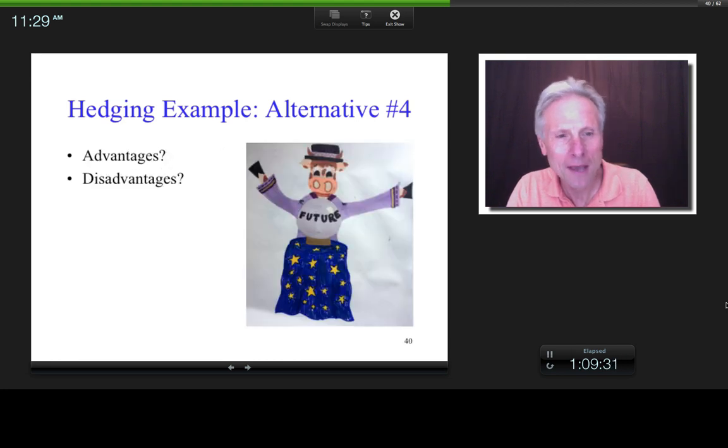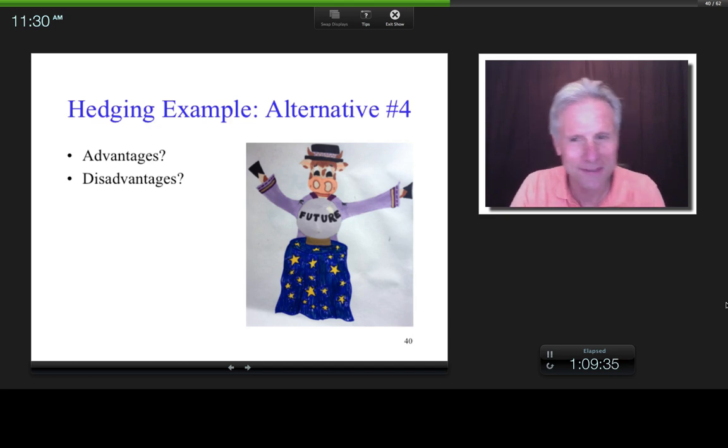So if we put it all together, advantages and disadvantages, well, we could say we're perfectly hedged. Maybe you want to say more or less, because it's possible that you have to wait 90 days until the hedge is complete, if you will. Do we have to come up with any money today?